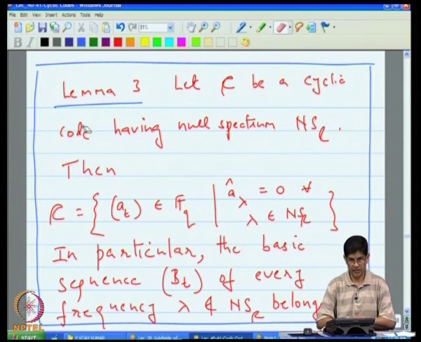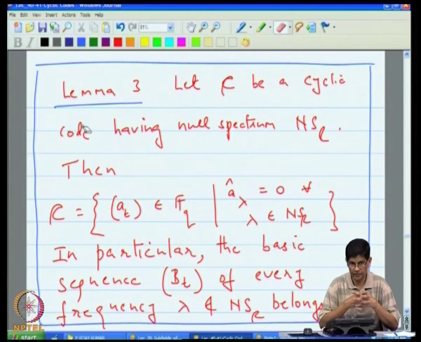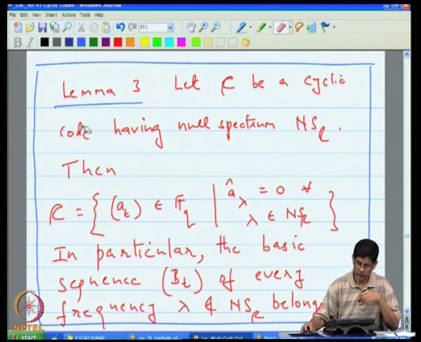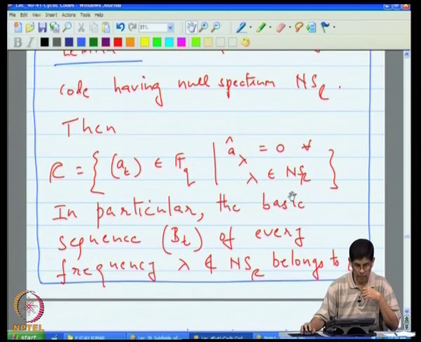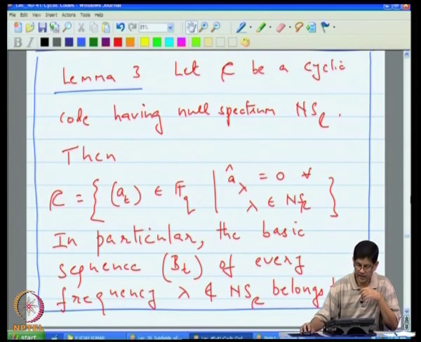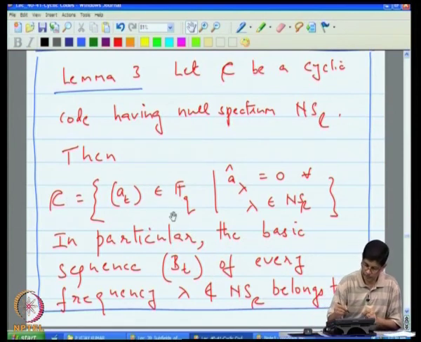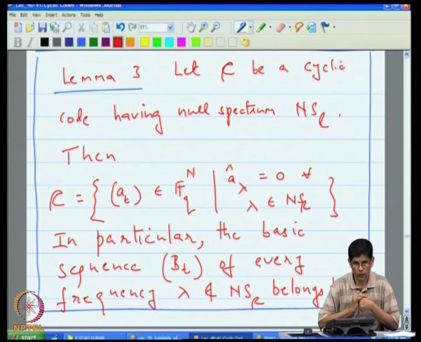Now, the next lemma says that, as we explore the connection between closed sets and cyclic codes further, if C is a cyclic code whose null spectrum is given by this, then there is really only one code that can have this null spectrum, namely the code which corresponds to all n tuples over F q whose transform values are 0 at every frequency in the null spectrum.